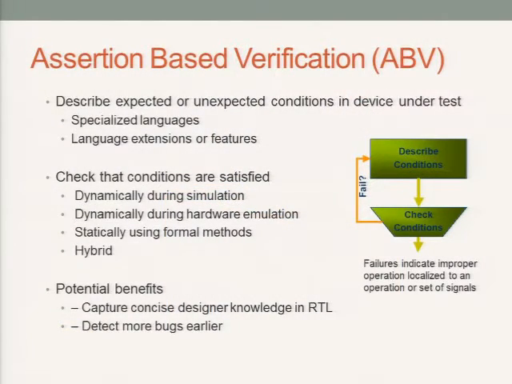Now a few words on assertion-based verification. On the previous slides, I talked about three methodologies to find bugs. But a systematic way to find and verify your design is to write models and describe conditions in your circuit, and then check and verify the correctness of what you have described using those tools from the previous slide.